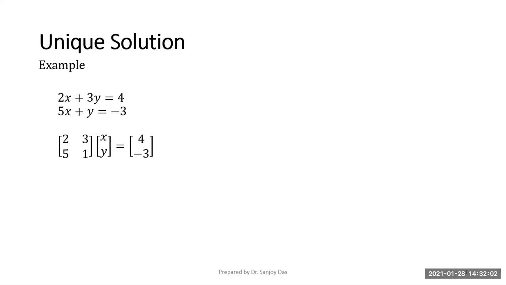Okay, so unique solution. Let's look at a very simple example. 2x plus 3y equals 4 and 5x plus y equals -3. And we want to solve it. We can rewrite this pair of expressions in terms of vectors and matrices in this form. So this matrix 2, 3, 5, 1 times this vector xy equals this vector 4, -3.